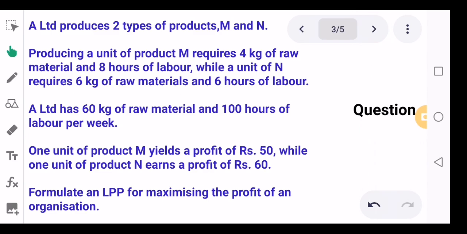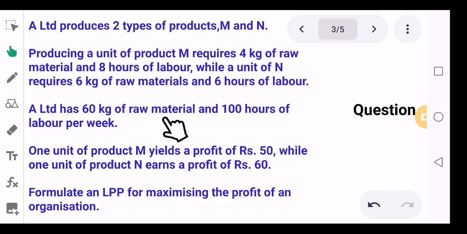So in this question, the constraint is this: A Limited has 60 kg of raw material and 100 hours of labor per week. This means that A Limited, in a week, can purchase only 60 kg of raw material. Maybe they have a fund issue, or maybe the raw material is not available in the local area in more than 60 kg, or maybe it has to be imported.